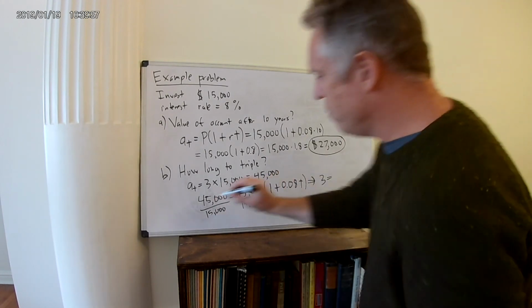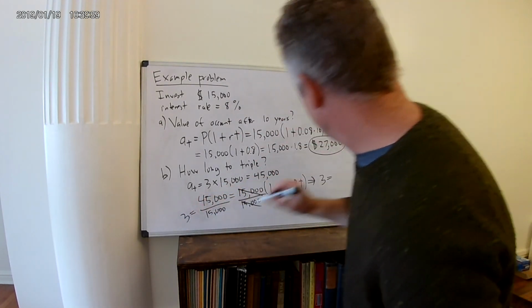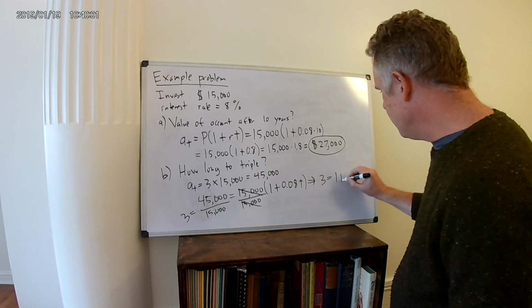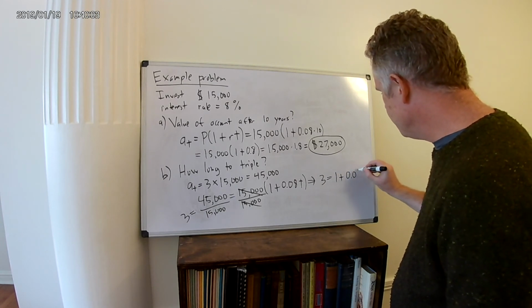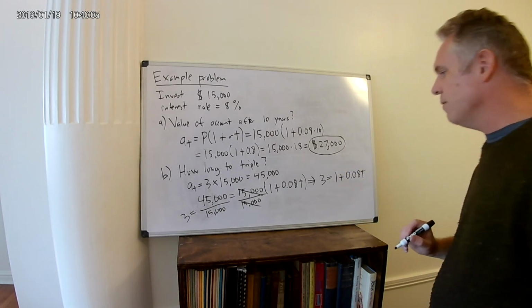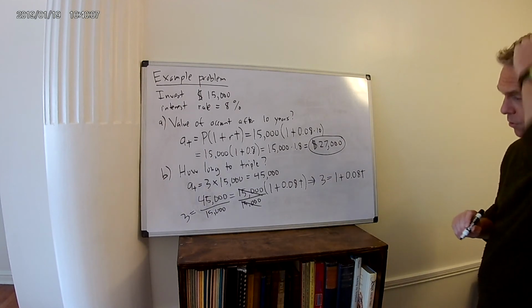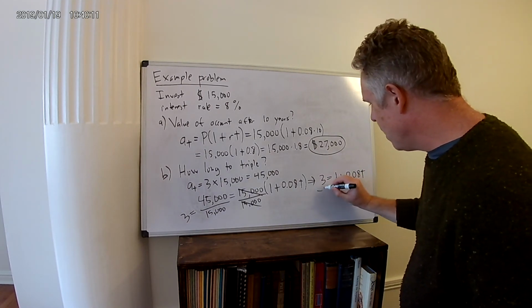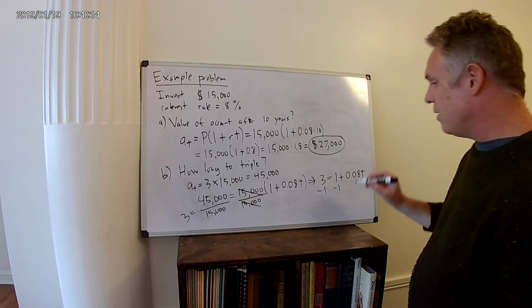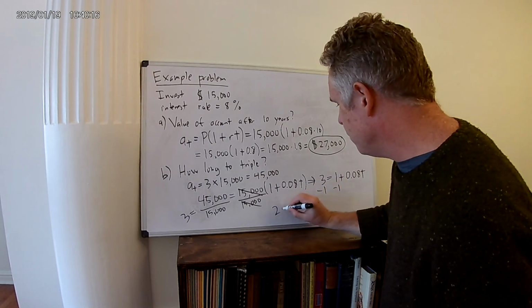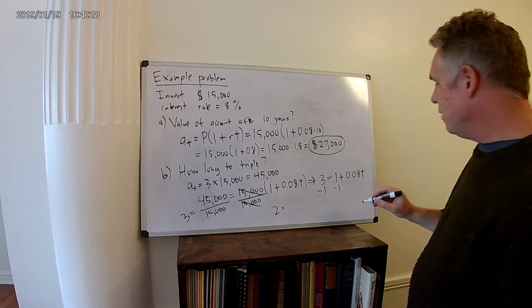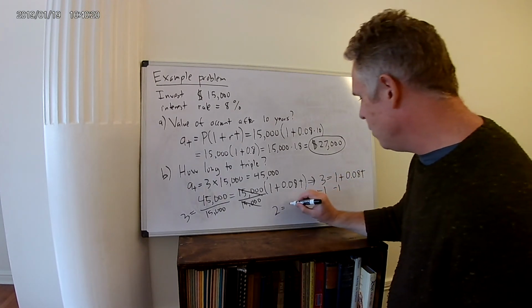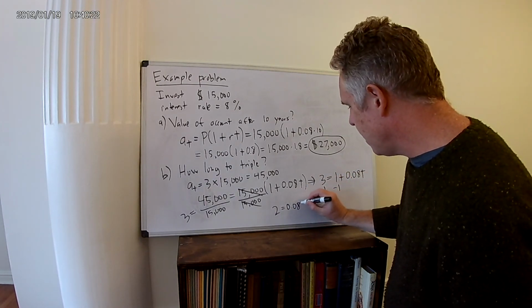So now I have 3 equals 1 plus 0.08t. That's what this equation simplifies to. I want to solve for t. The next step is to subtract 1 from both sides. 3 minus 1 leaves me with 2, and 1 minus 1 leaves me with 0, so I get 2 equals 0.08t.